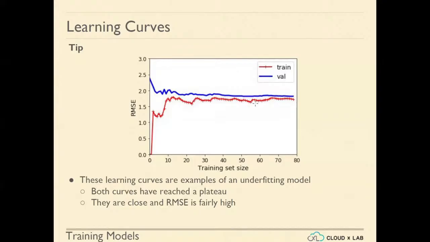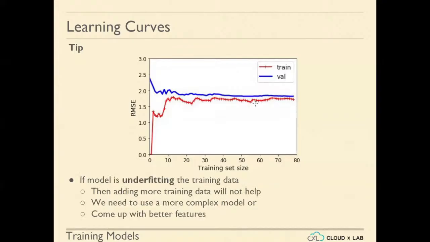Okay. So if the model is underfitting the training data, then what will we do? We will use a non-linear model. And how can we use a non-linear model? Either you can directly use a higher degree. If you are using regression, then you will use polynomial regression, right?